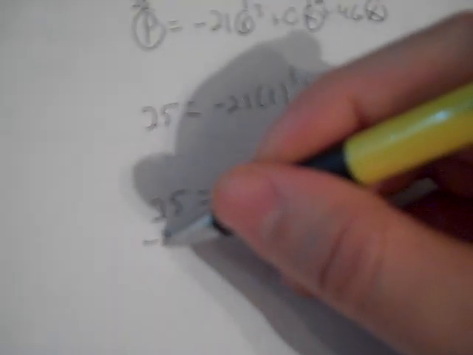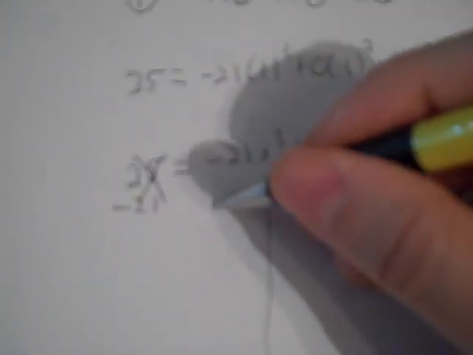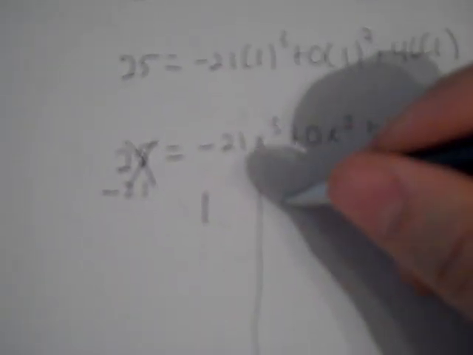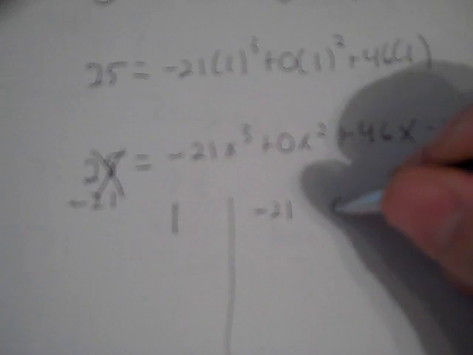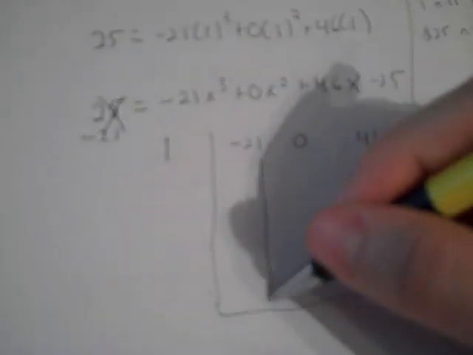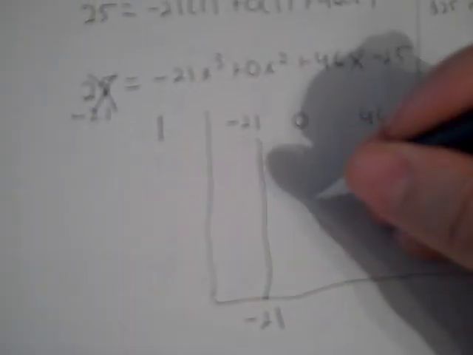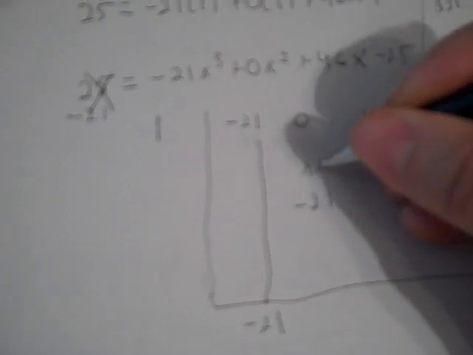So you need to move the 25 over. And now you use your synthetic division. Why do we use that instead of the factoring? Well, because I already know one answer. So I have a divisor. So I have negative 21, 0, positive 46 and negative 25. So I drop negative 21 and I find the product of negative 21 and 1, that's negative 21.